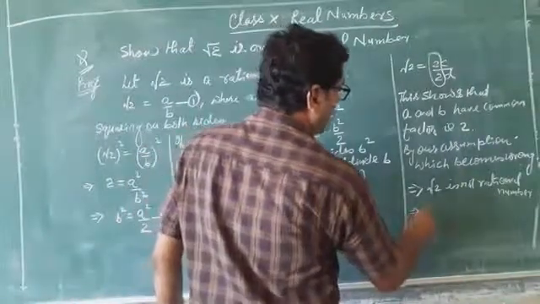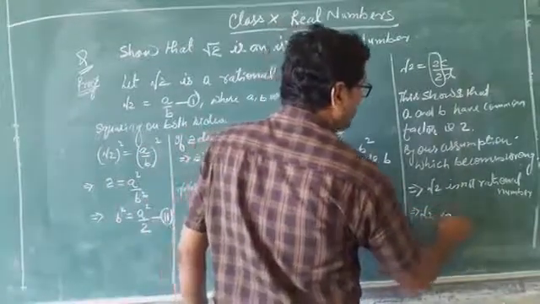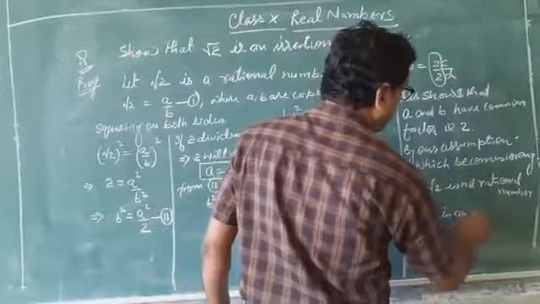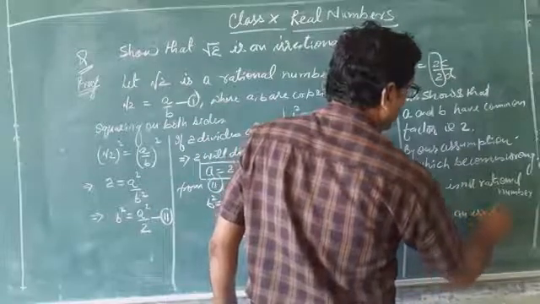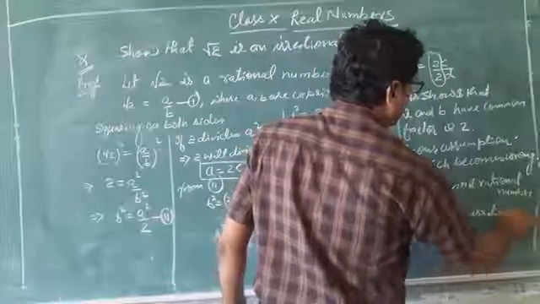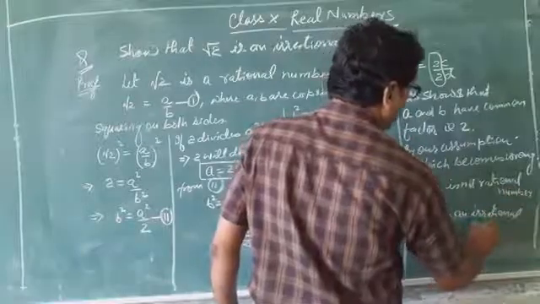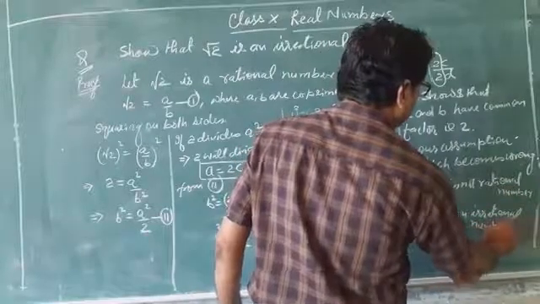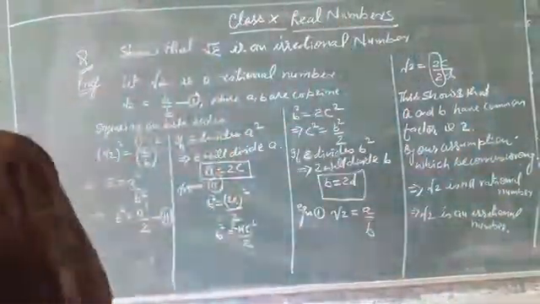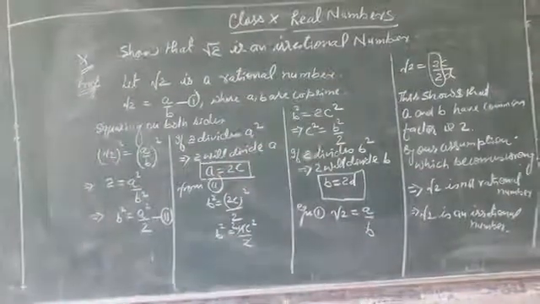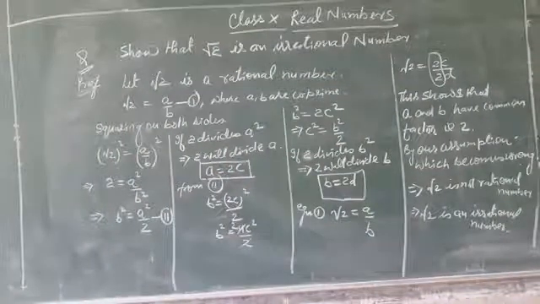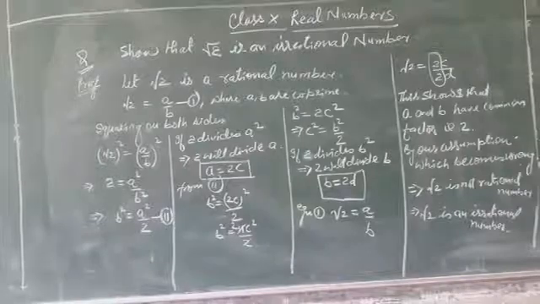So root 2 is an irrational number. So this is the proof, and this proof is called the contradiction method.